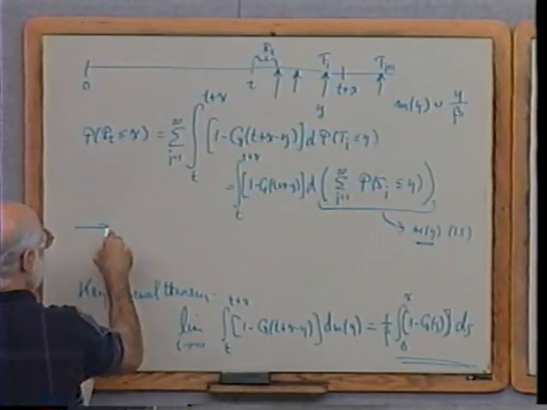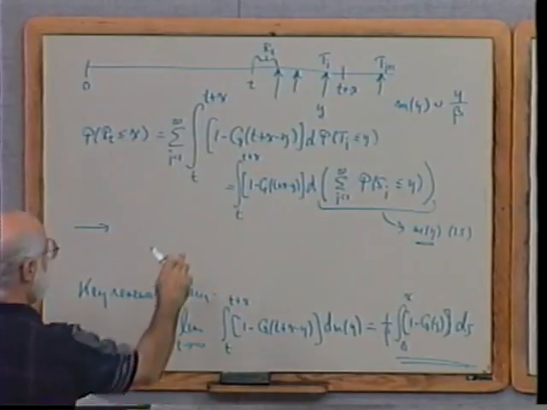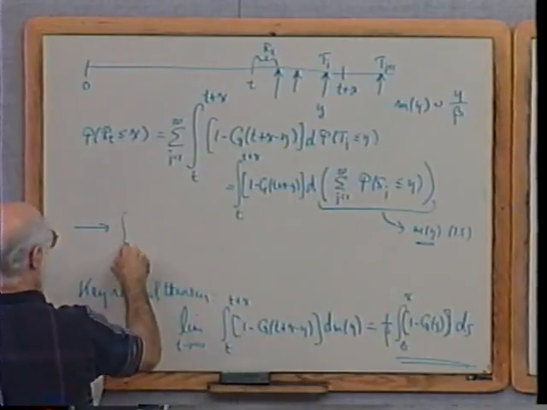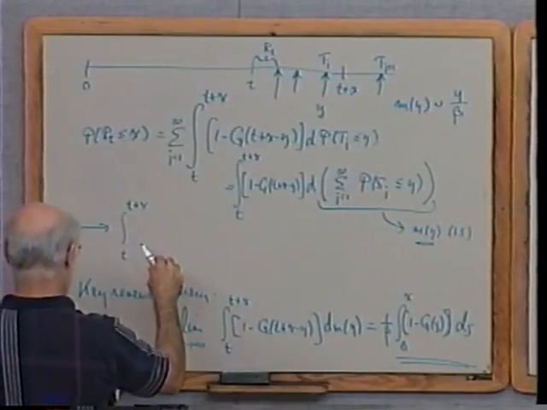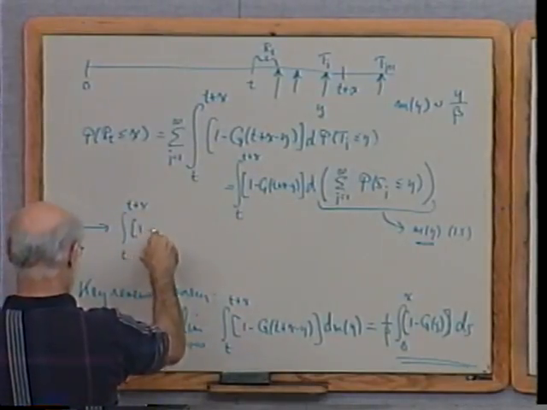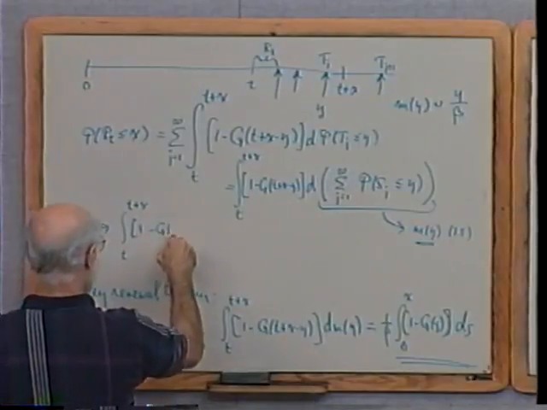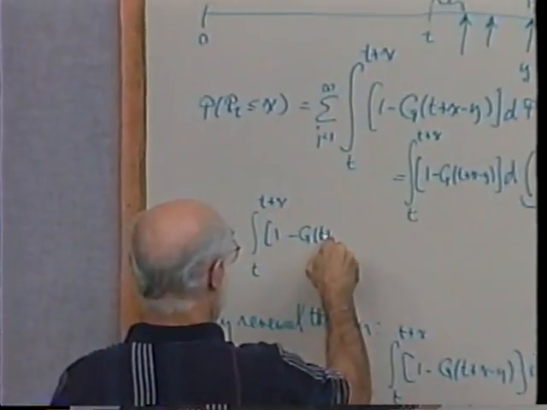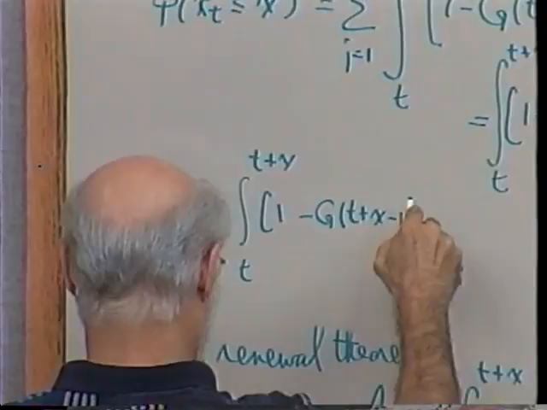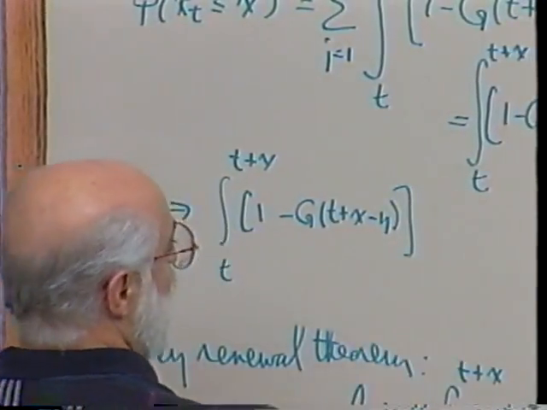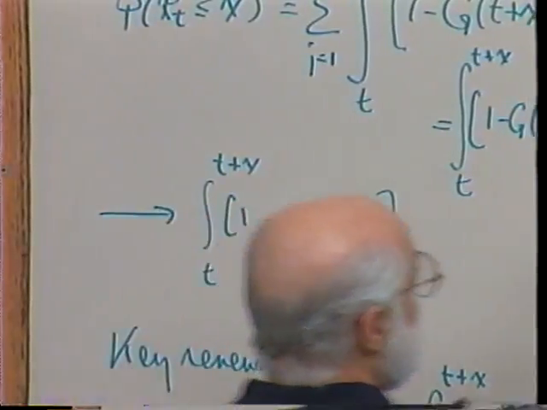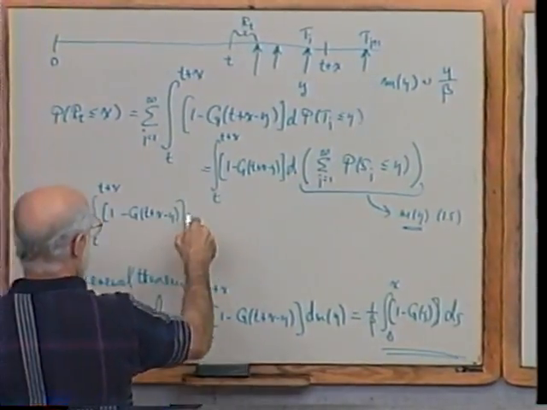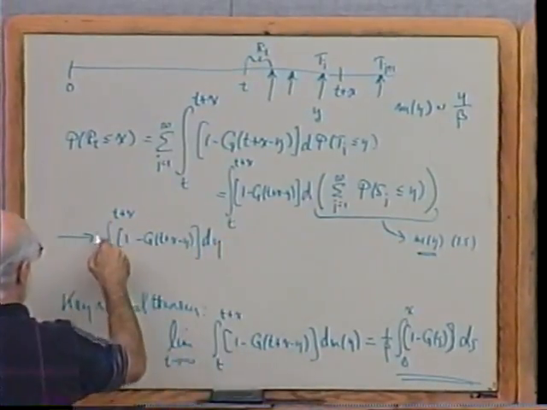So as y goes to infinity, this integral is going to approach the integral from t to t plus x of 1 minus g of t plus x minus y. And in place of dm of y, I'm going to write dm of y is equal to dy over beta. So here's my dy, and here's my 1 over beta.